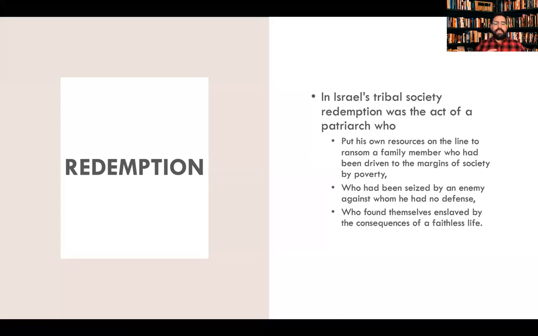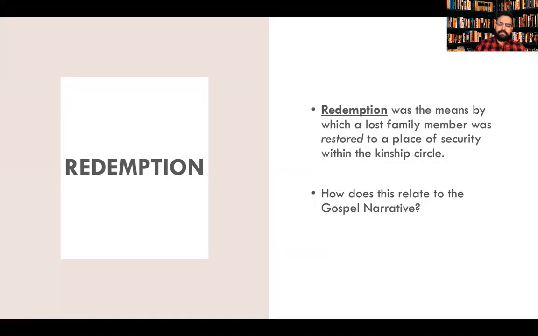And so again, in Israel's tribal society, redemption is described in social terms: when the head of the household puts their resources on the line to rescue a family member who has been driven to the margins of society by poverty or another unfortunate set of circumstances; to rescue from an enemy against whom he's had no defense; and one who has found themselves enslaved by the consequences of an unfaithful life and is rescued, redeemed from that life.